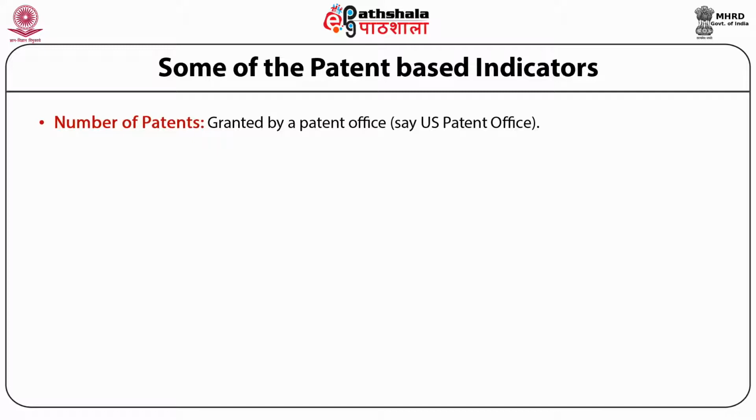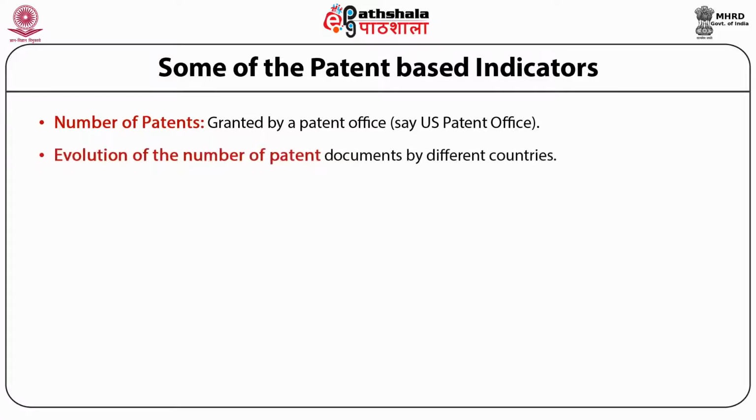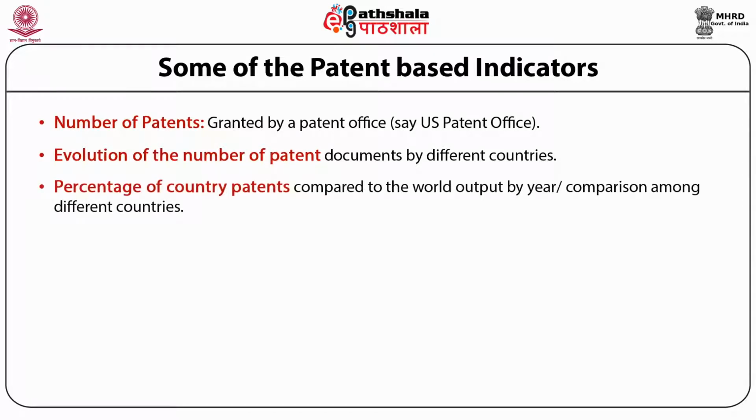Another indicator would be the evolution of the number of patents by looking at the trends of different countries' patenting. Then we can construct indicators such as the percentage of a country's patents compared to the world output by year, and comparison among different countries. By these types of indicators, one can capture the competitiveness of a country in a particular technology or overall.